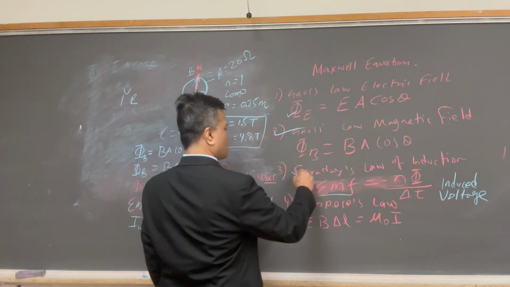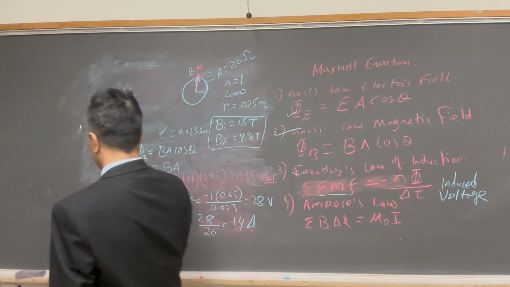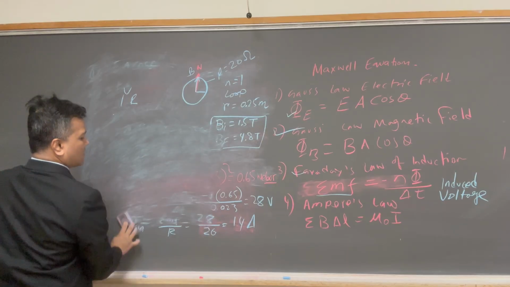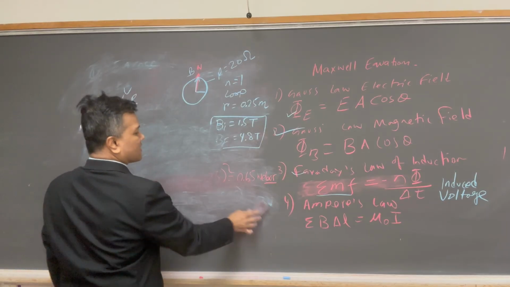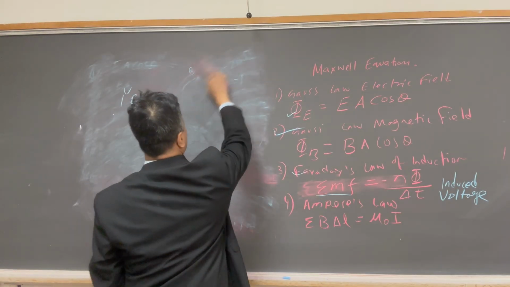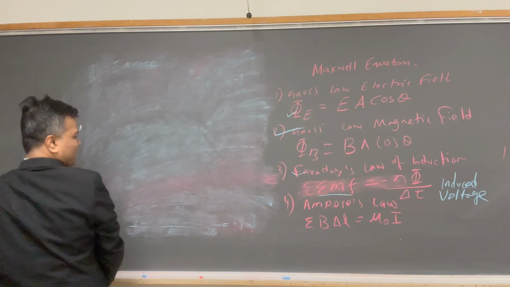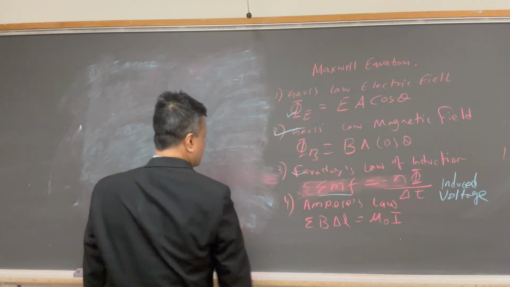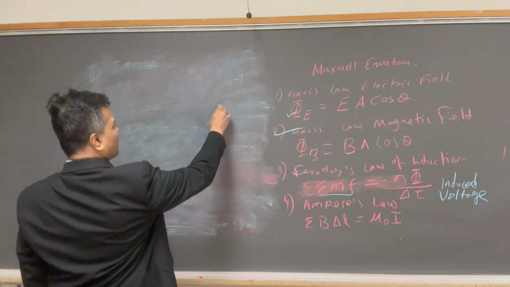Now finally we're going to do Ampere's law before we put them together. This is Maxwell's equations without using calculus. All right, so Ampere's law, what are we going to do? We have four scenarios.